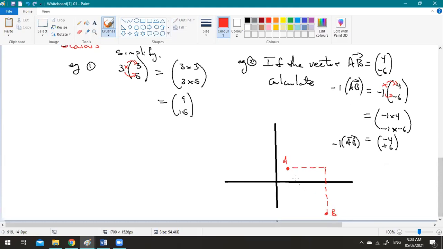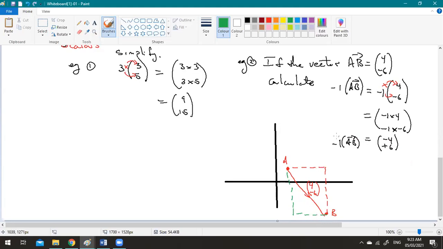To B, this vector here was 4, -6. Now this vector that we have, -1 AB, is -4, 6. So we're going this way, 1, 2, 3, 4, and going up 6 spaces, 1, 2, 3, 4, 5, 6. So we end up back at the same place.